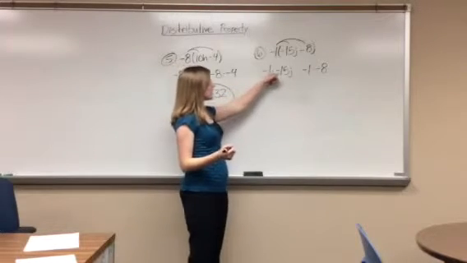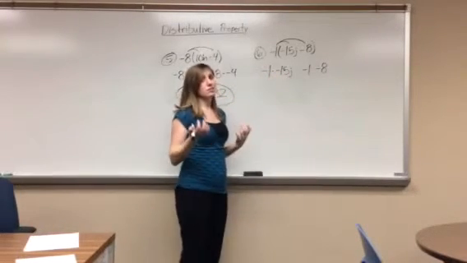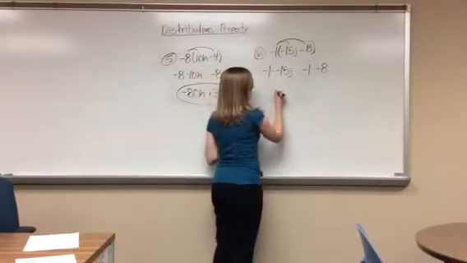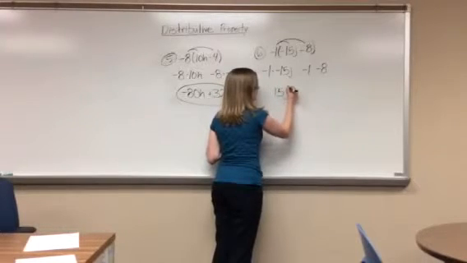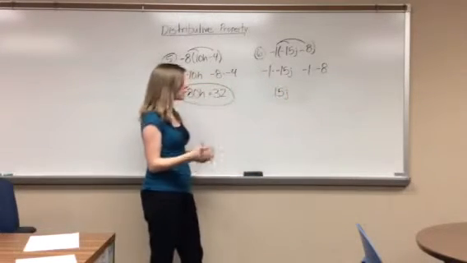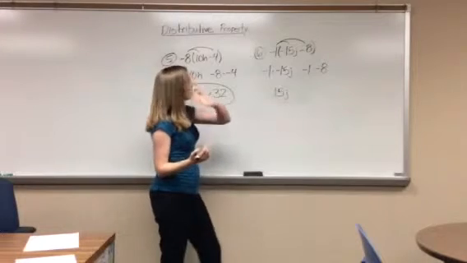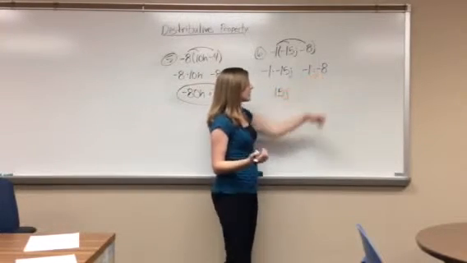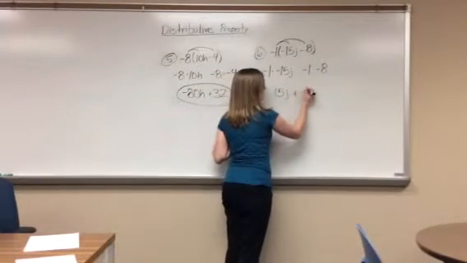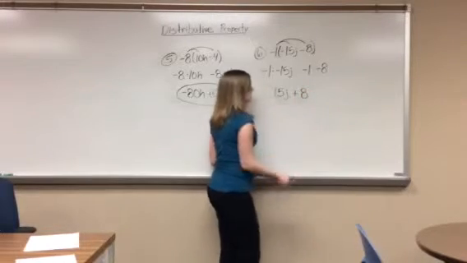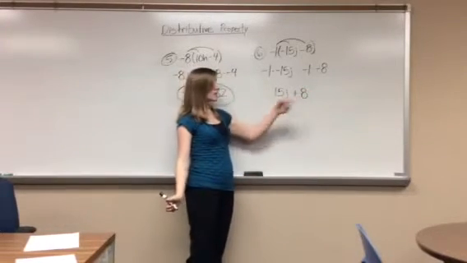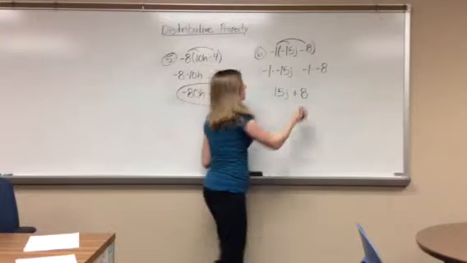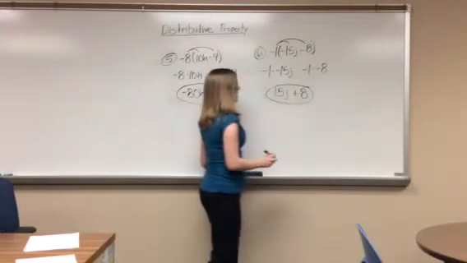Well, negative 1 times negative 15j is just positive 15j. All it does is change the sign for us. It doesn't change the number when we multiply by 1 or negative 1. And negative 1 times negative 8 is just positive 8. And remember, if it's positive, put an addition sign. I can't combine these because they're not like terms, so this is my answer. 15j plus 8.